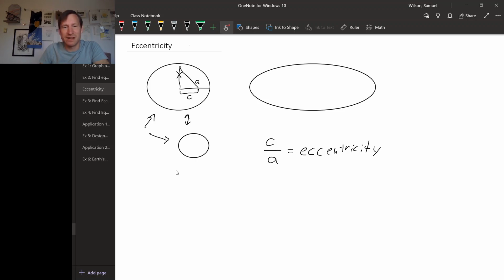So that means that C over A is going to be about 2/3, I think, for these two. This is an incredibly rough approximation.